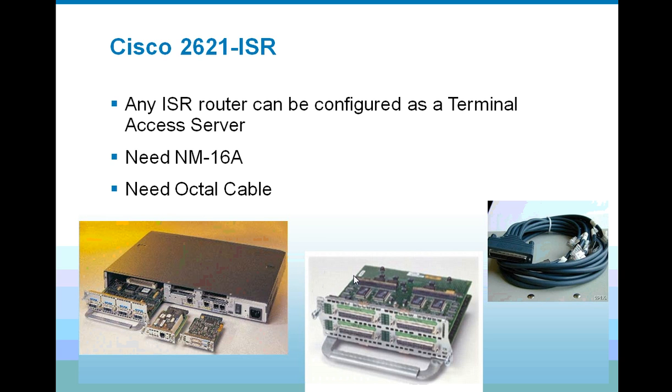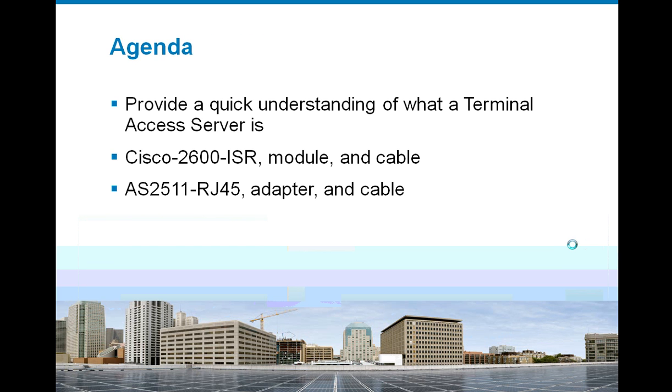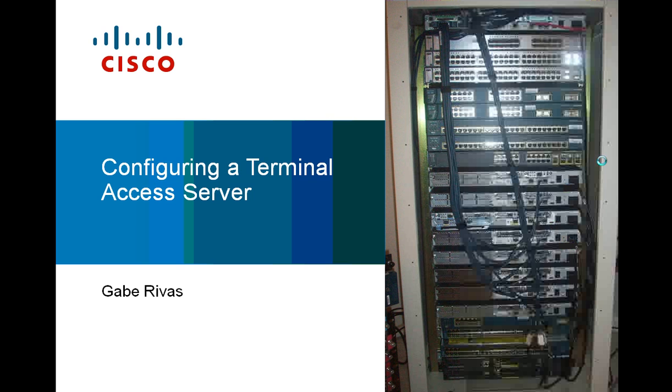You get a network module, which is model number NM16A, where A stands for asynchronous. This module gives you access to asynchronous ports, and you insert it into this slot in the ISR router. And then you will grab an octal cable, which connects to the module, and the RJ45 connectors go into the console port of the devices that you want to control and configure.